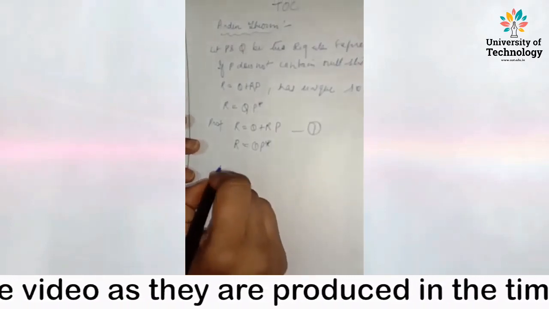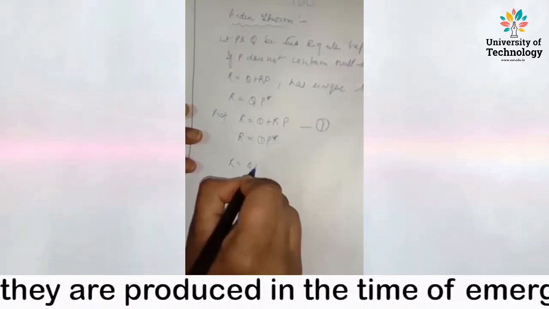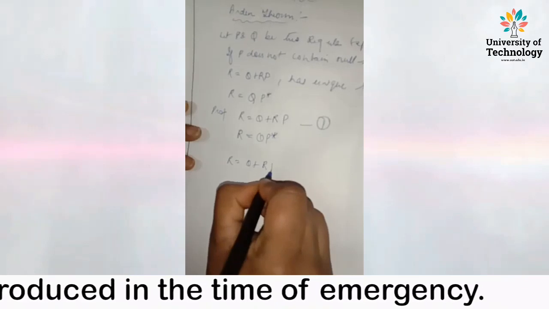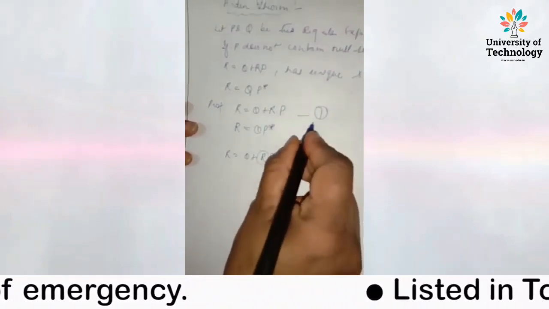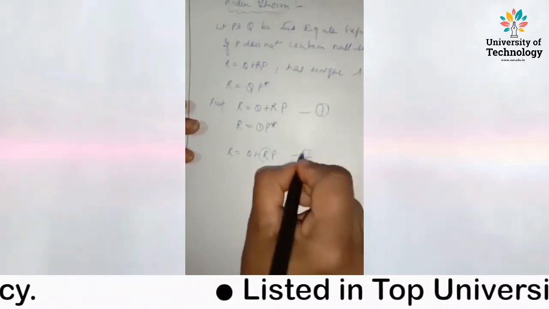Now see, R equals Q plus RP. Now we are going to substitute the value of R from equation number 1 into equation number 2.